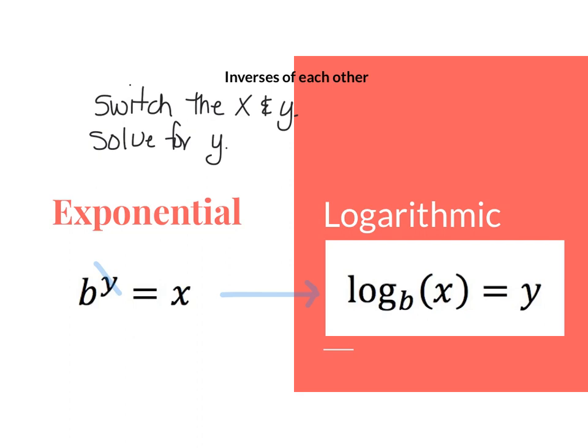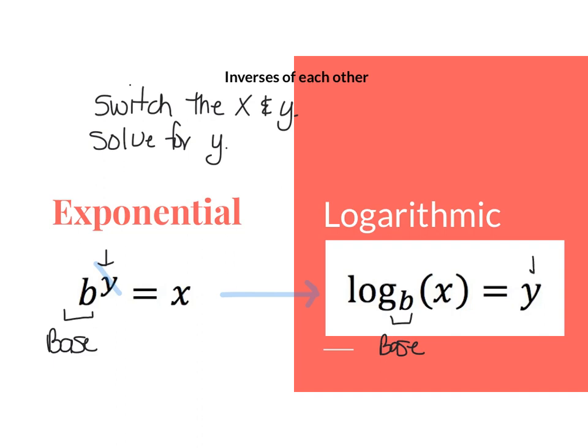There are some things about logarithmic form that are going to be very similar because it is the inverse of an exponential function, so we can see some similarities. In our exponential function, this b is what we refer to as the base. In a log function, that base will be here as well, written as a subscript, so it should be written below the line. The y is your power.